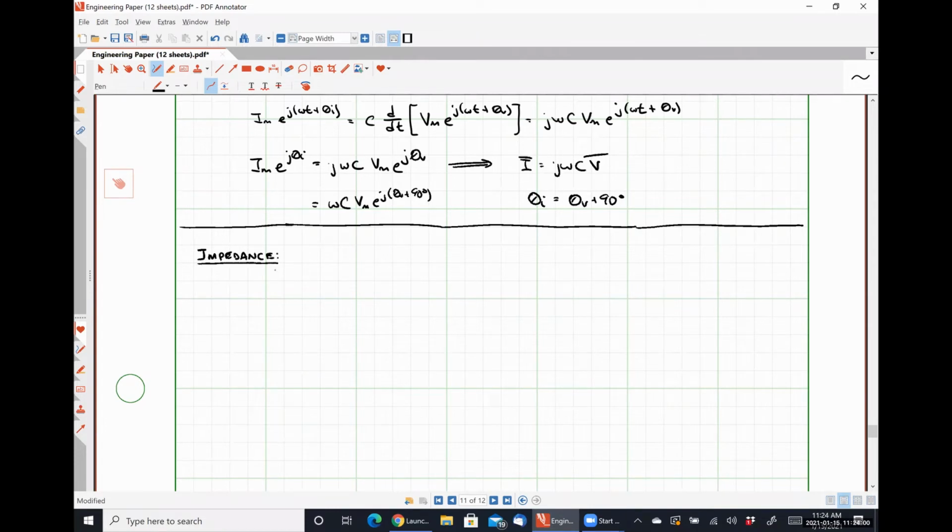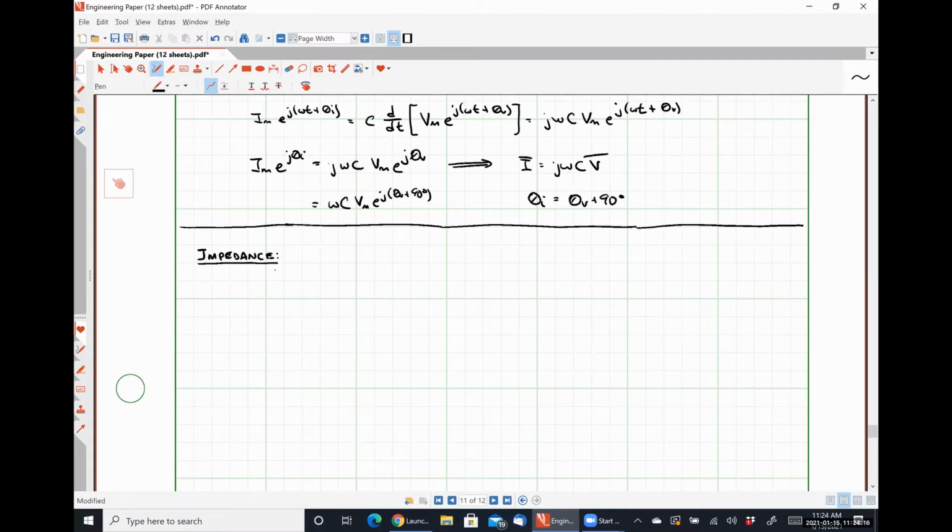All right. So because we are dealing with AC and now phasor quantities, we are going to have to redefine effectively the ratio between voltage and current, right?